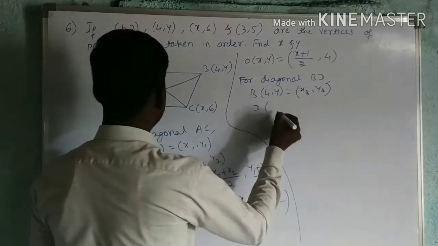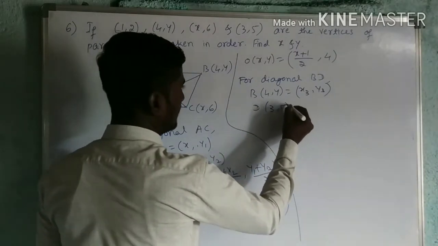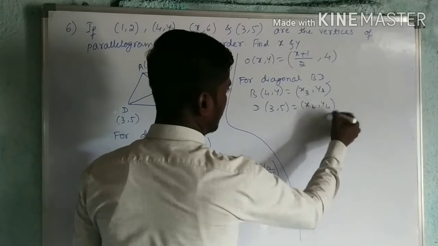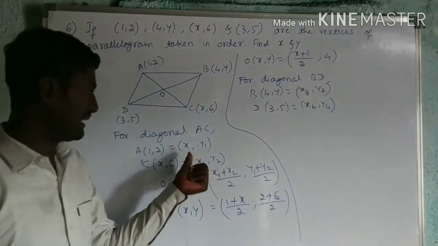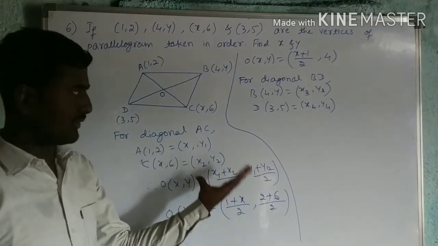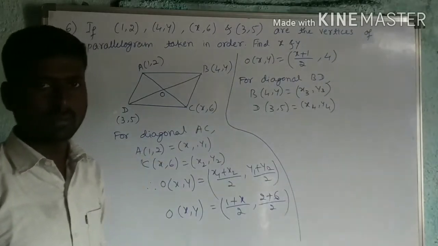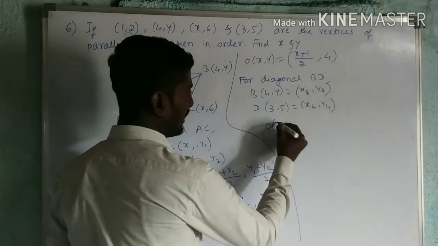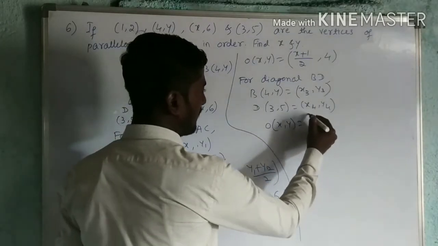And D is 3 comma 5, which I will take as x4 comma y4. In the same problem I have already taken x1, y1, x2, y2, so for this I will take other values. No problem at all.